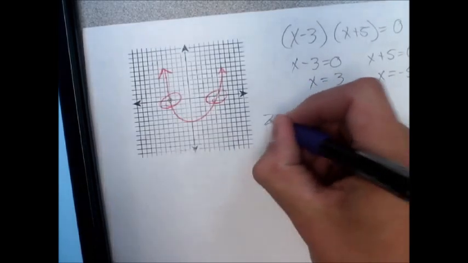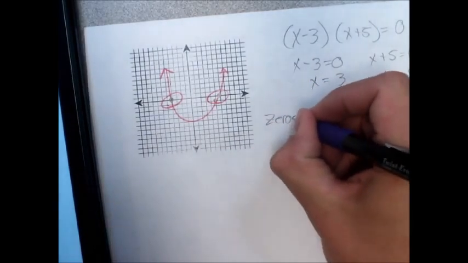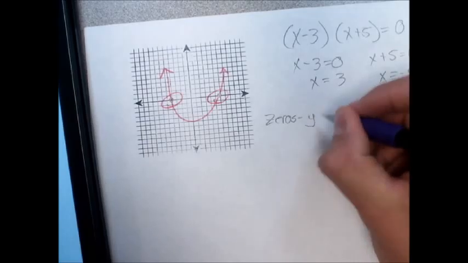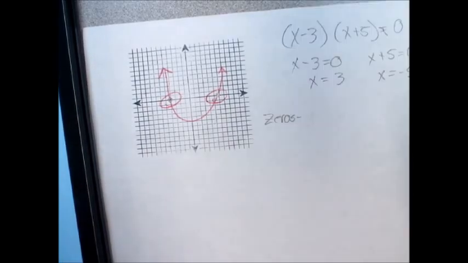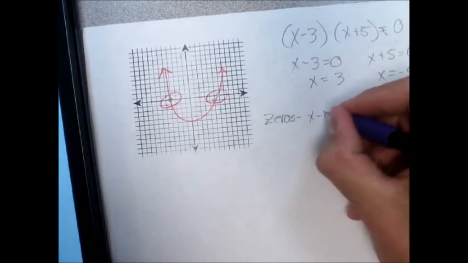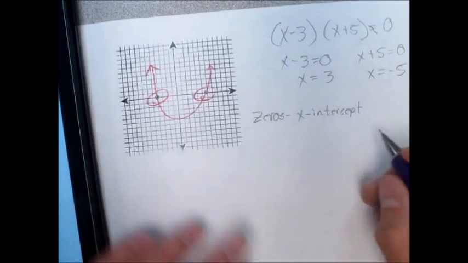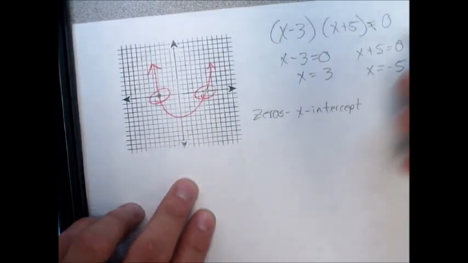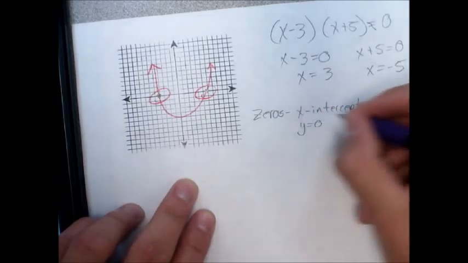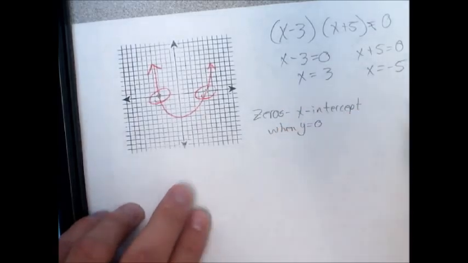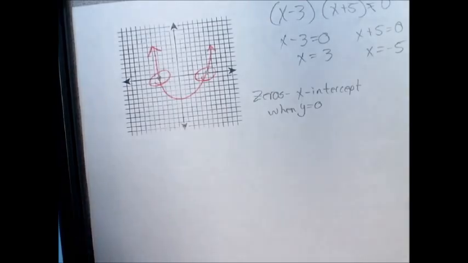So in essence, finding zeros is finding the x-intercepts. And when I learned what an x-intercept was, it was told to me as when y equals 0. When y equals 0 is what an x-intercept is. Okay? Alrighty. So that little definition's down.